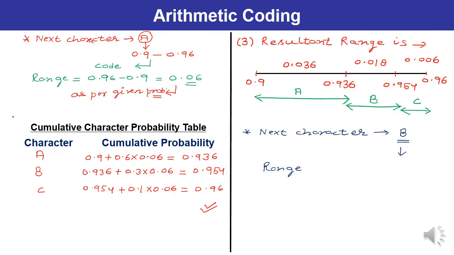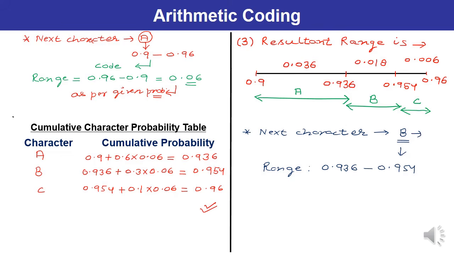Observe the scale mentioned over here. So the range is 0.936 to 0.954. And with this particular character, the string ends.